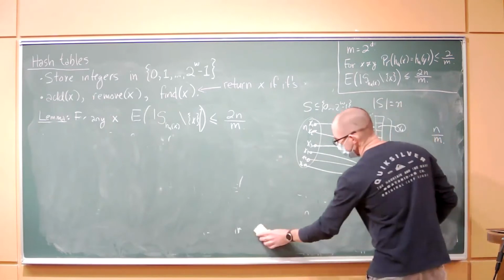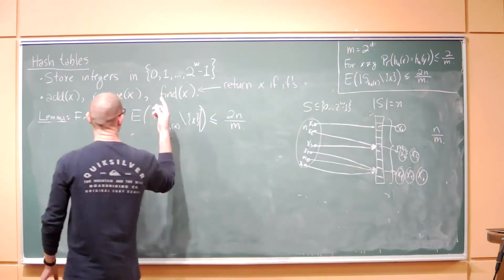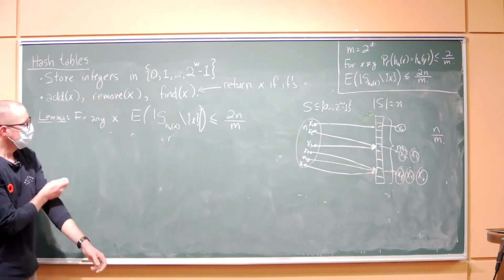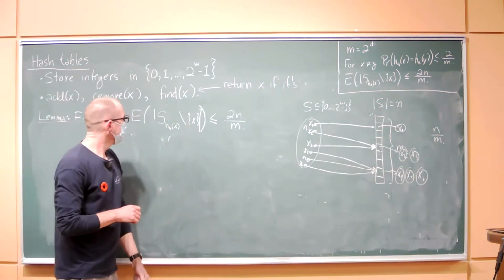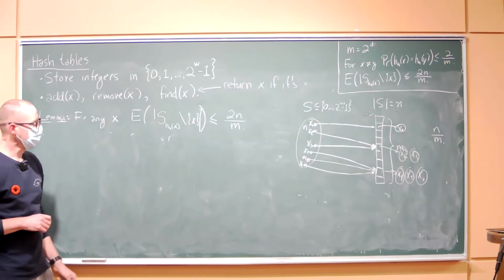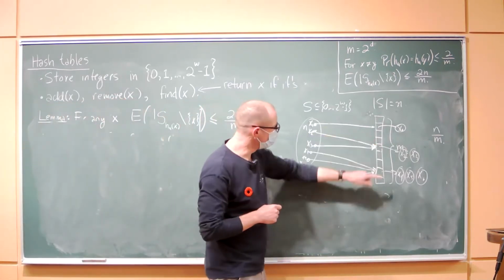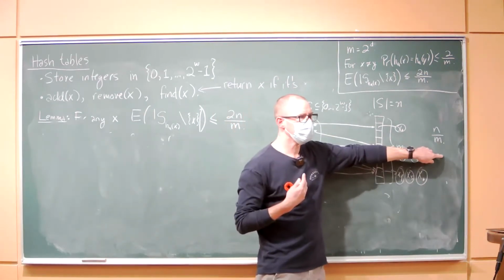What are the operations I want to do? I want to add, remove, and find. First, let's look at find. If I want to go searching for something, x, I take the hash value of x, I go directly to the table location that stores that hash value, and then I just look through the list.